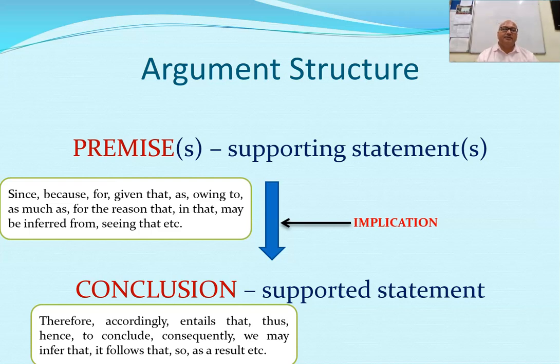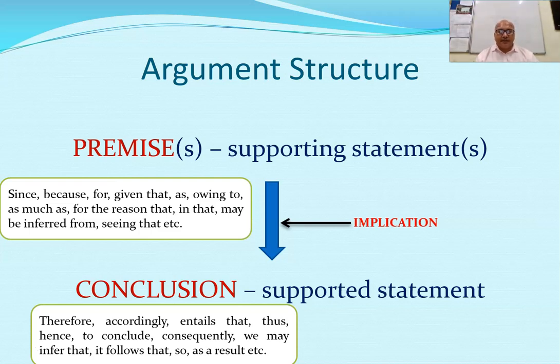cannot be your conclusion. So consider, for example, a statement following since cannot be your conclusion. Because is the reason, so that cannot be your conclusion. A statement following for, or given that, or as, or owing to, or as much as, for the reason that, in that, may be inferred from, or seeing that, etc. These are certain expressions which are basically premise markers.